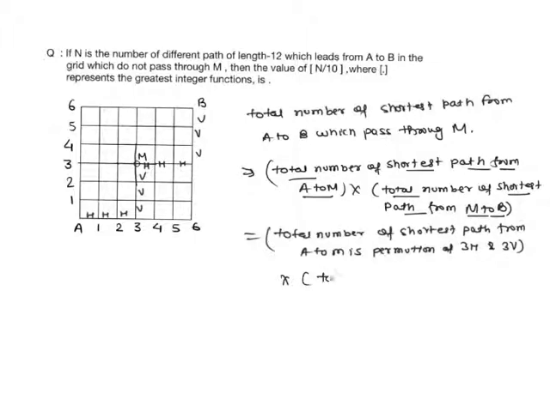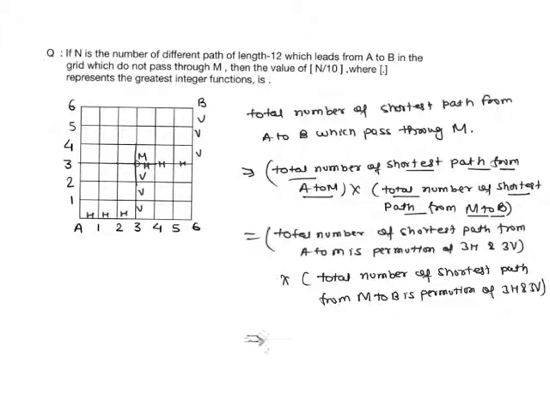So the total number of shortest paths from M to B is permutation of 3 H's and 3 V's.